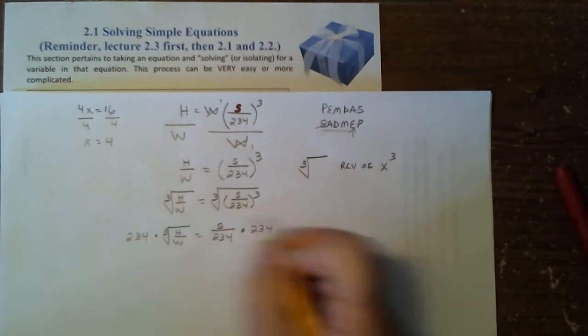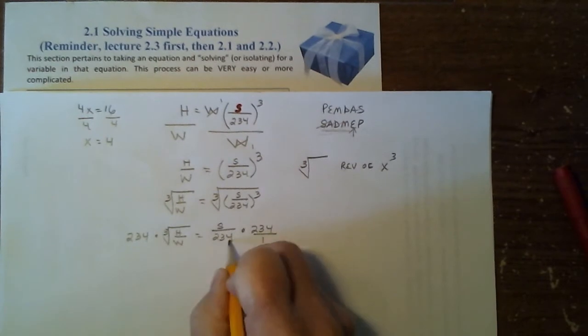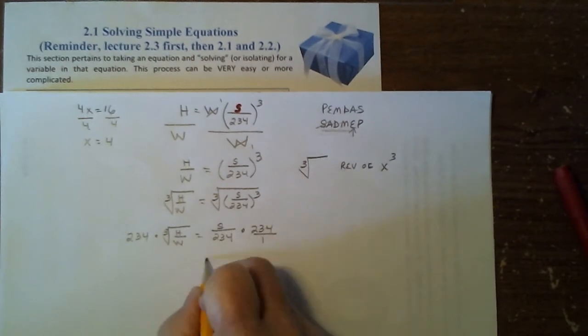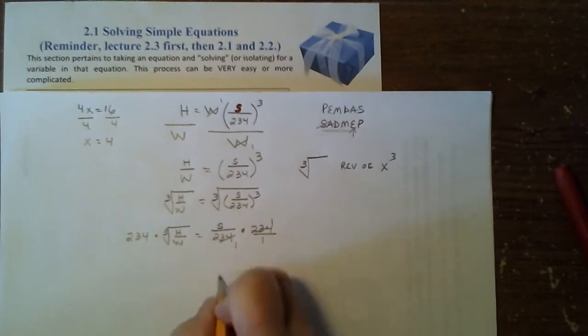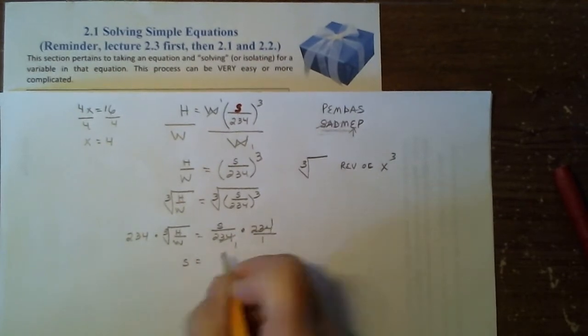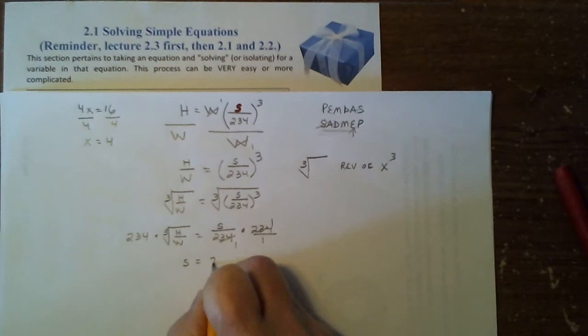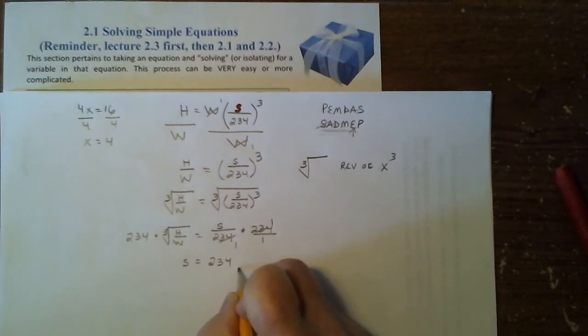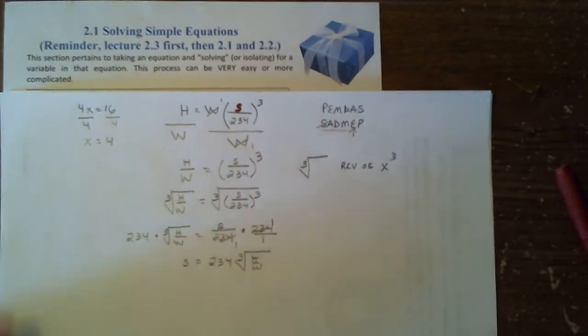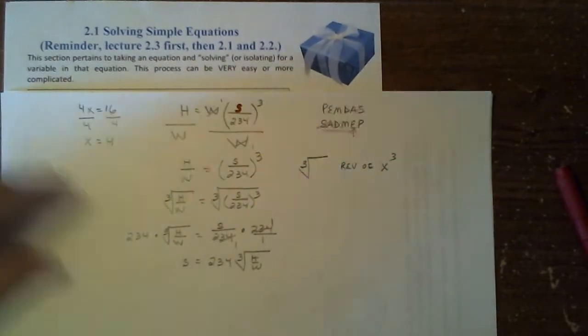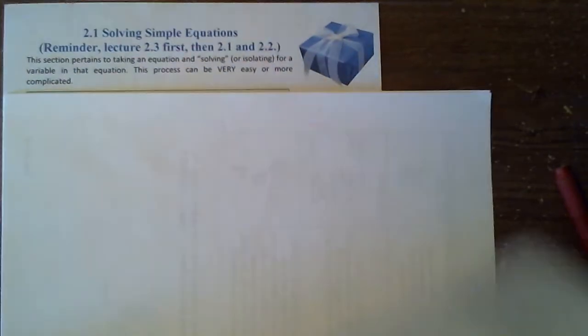And I can make this look like a fraction. And these guys reduce down to 1, leaving me with just s, which you know I like on the left side. So s is equal to 234 times the cube root of h over w. Okay, so really, really easy and a little bit more complicated.